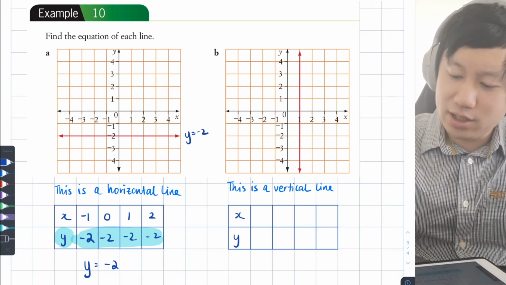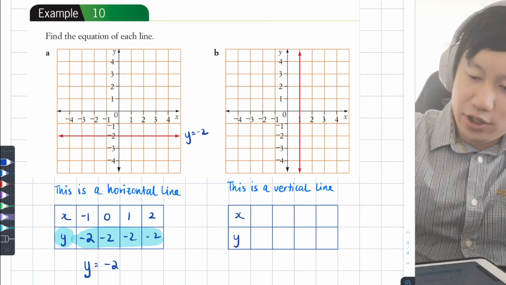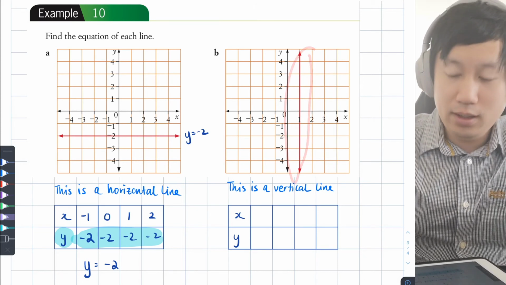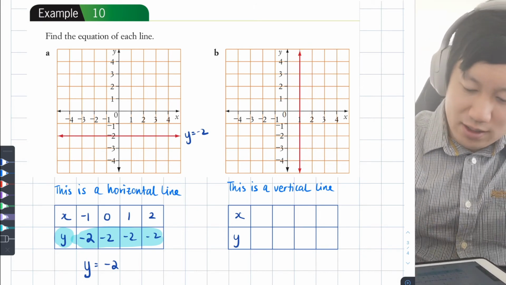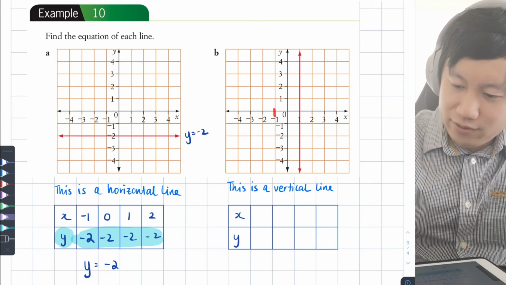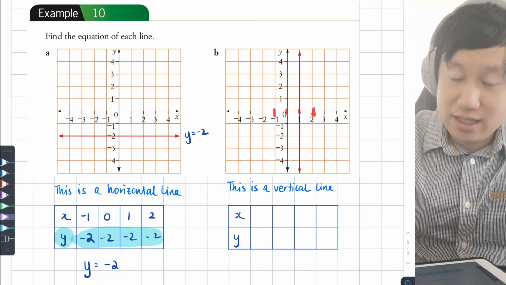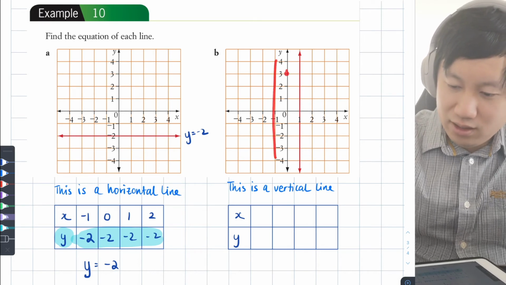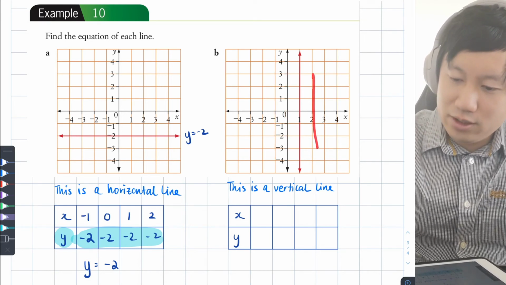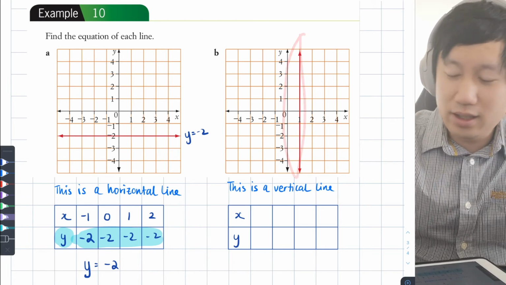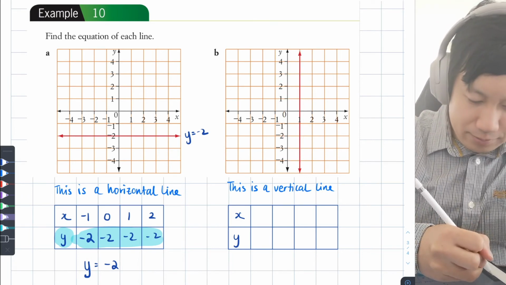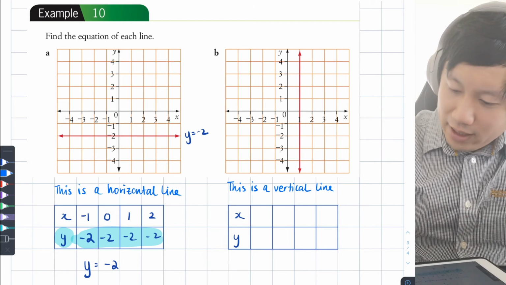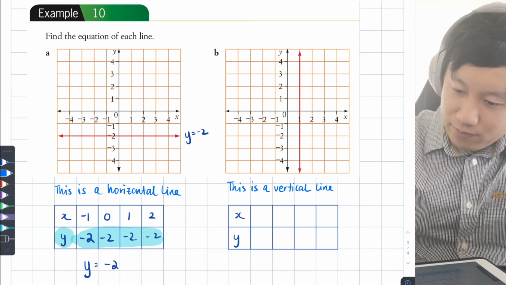Now, as for the next question, this is a vertical line. If we did the same thing as before and put out -1, 0, 1, and 2 as our x values, there's not really a point there, here, and here. There's only points along this line, which is a vertical line. So I'm just going to do something different. Let's say I have these 4 values.